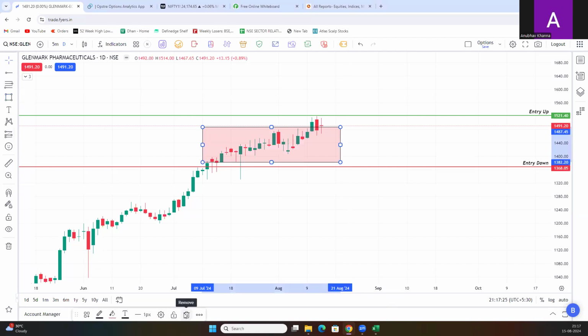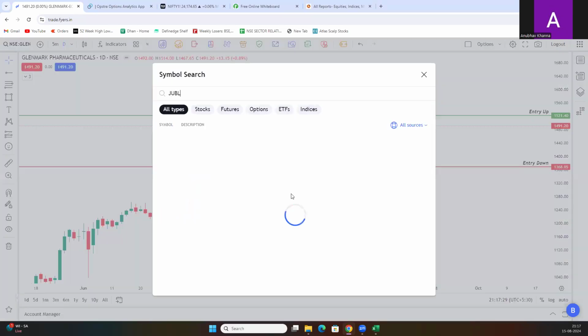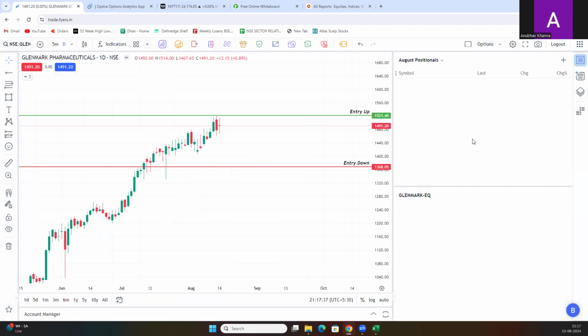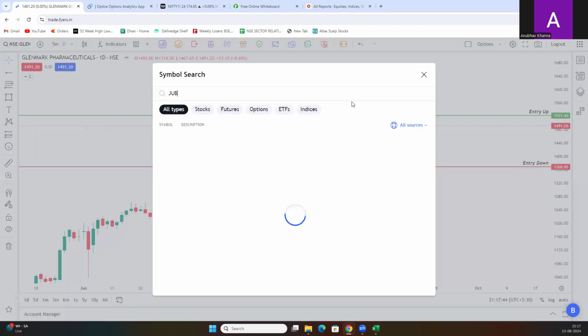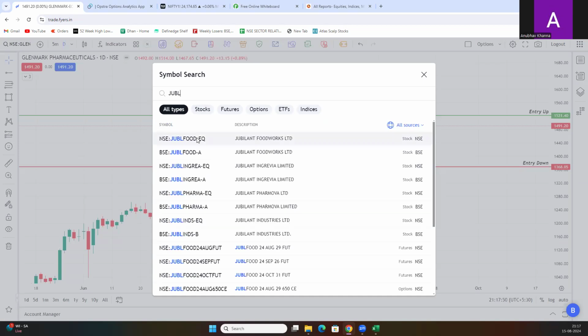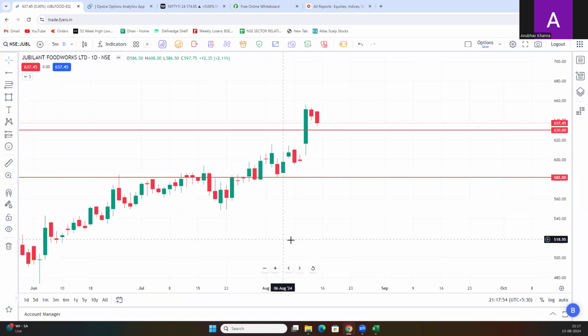Do not give preference to these stocks which are non-stop running and running. Let me show you the example. Because these stocks have extreme volatility, they will not give you very decent entries and RRs.